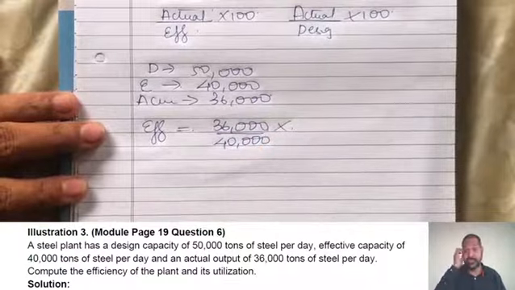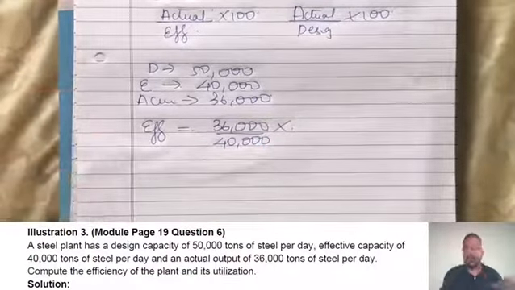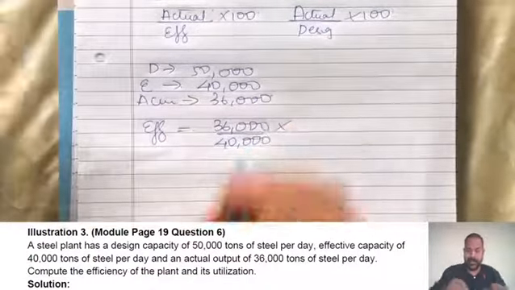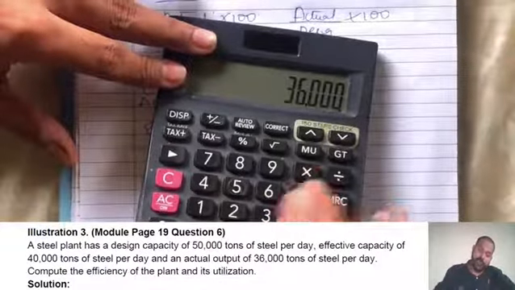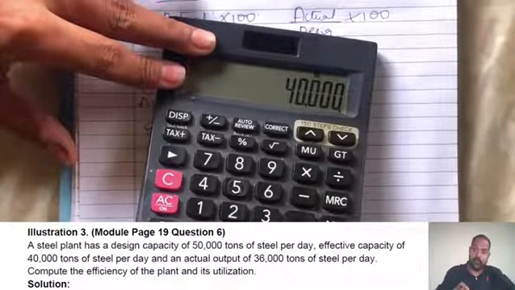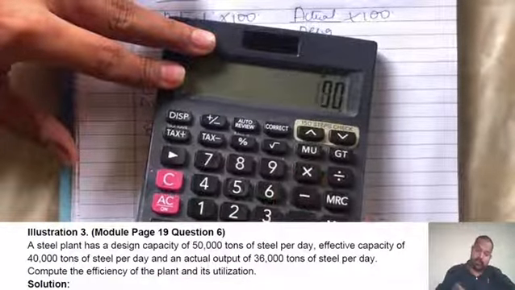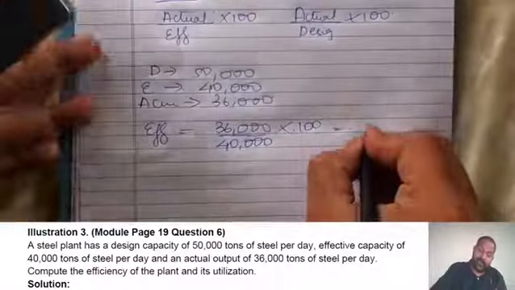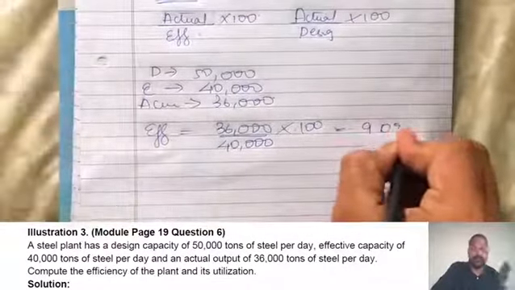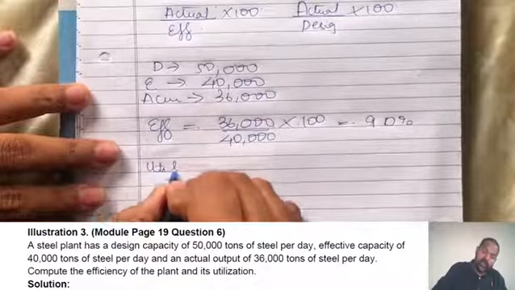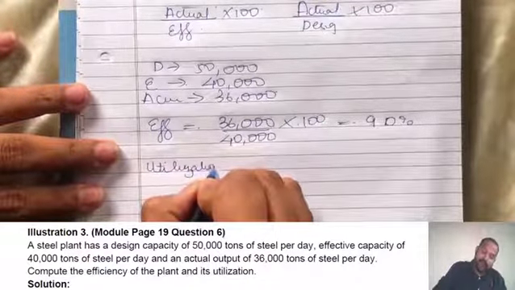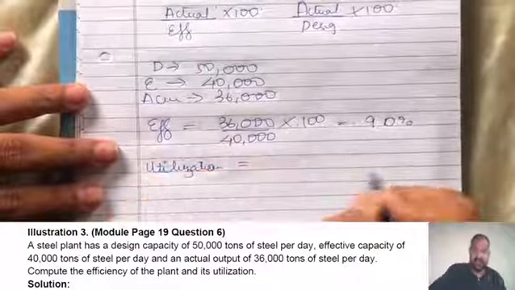So my efficiency in using it is 36,000 by 40,000 into 100, which is a 90% efficiency.